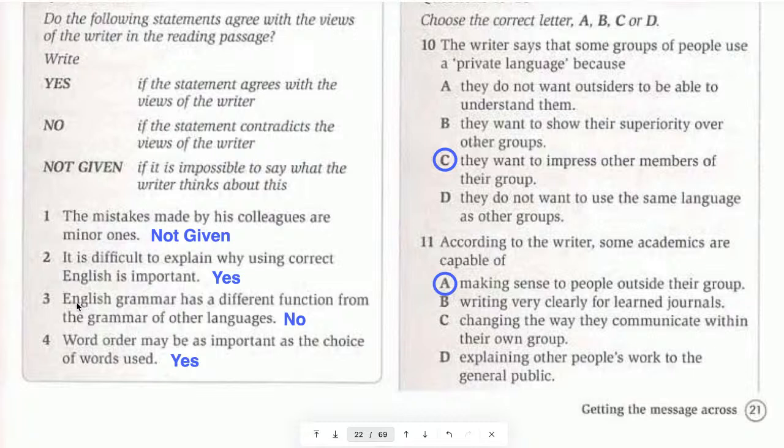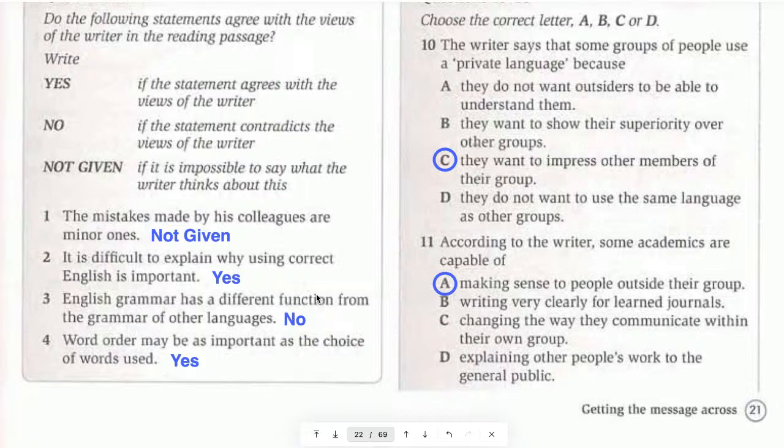Now number 3, Ngọc Anh. English grammar has a different function from the grammar of other languages. Okay? What's the answer? No. Minh, you can fix that again, yeah?